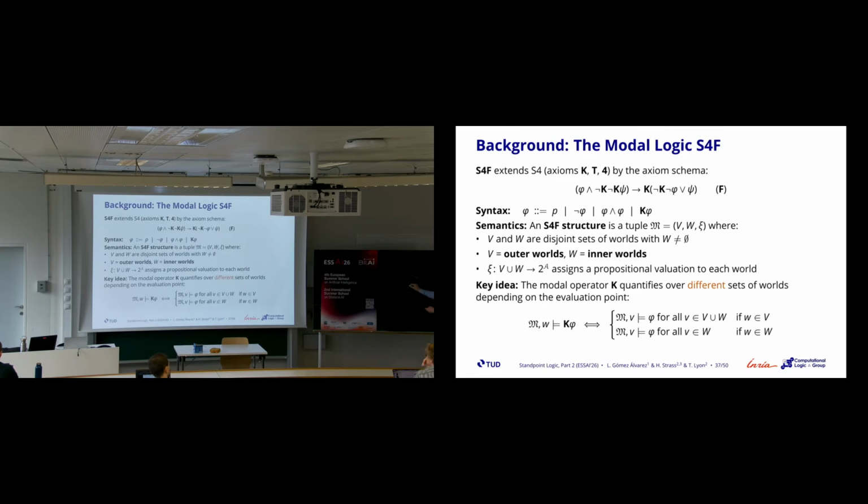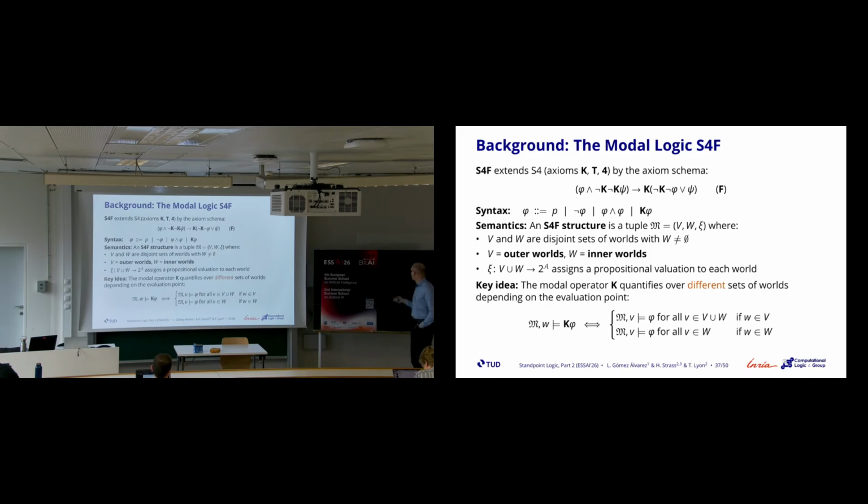The inner worlds can see each other, but the inner worlds cannot see the outer worlds, right? So those from outside, they can look in, but those from inside cannot look to the outside. So that's the idea. And this is a small or somewhat small change, but gives you useful additional modeling leeway, so to speak.